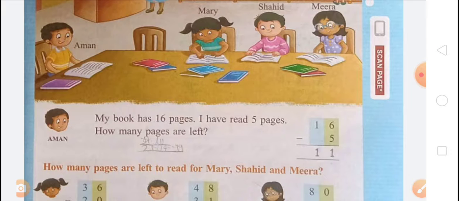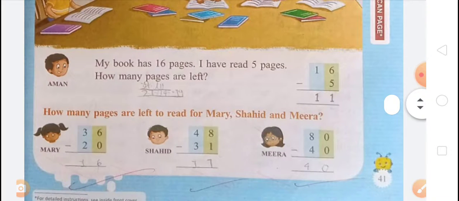Now the next question that is given: how many pages are left to read for Mary, Sahid and Meera? Mary's book has 36 pages and she has read 20 pages. Firstly, we know that the total number of pages is 36 and the pages she has read is 20.